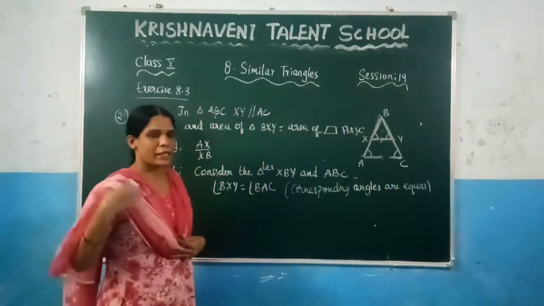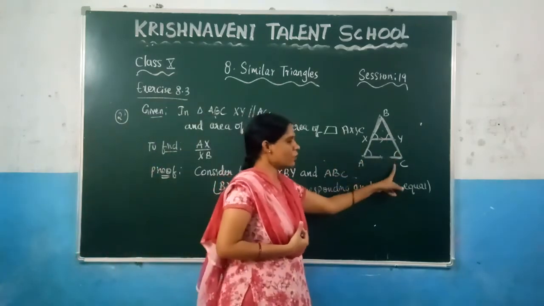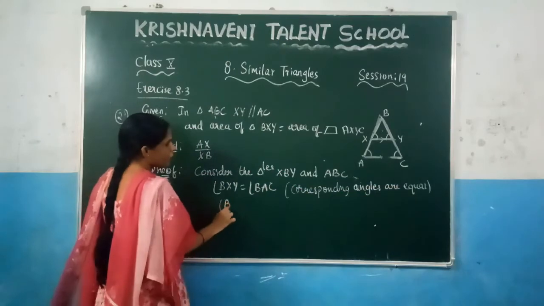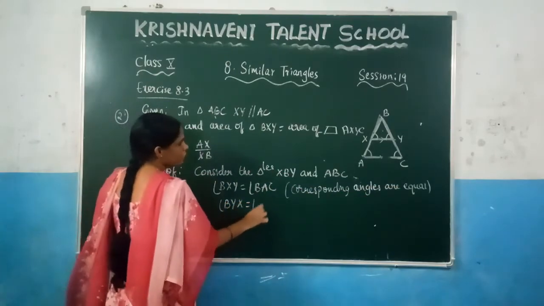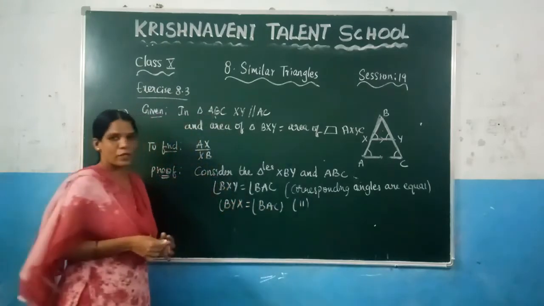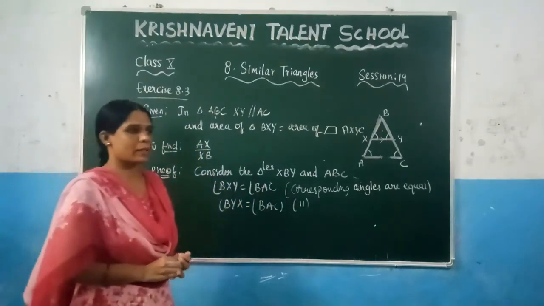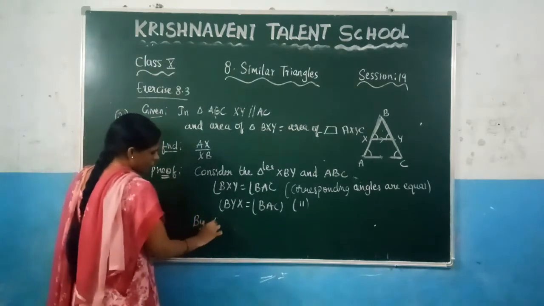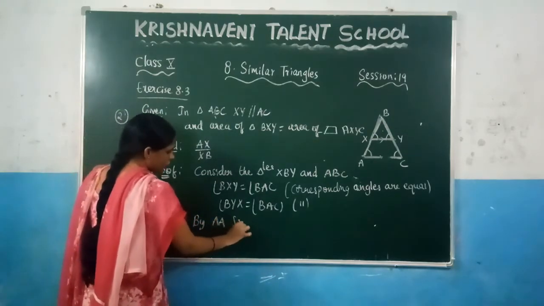Similarly here, angle Y is equal to angle C. Again, the corresponding angles are equal. So write it here, angle BYX is equal to angle BCA, since the corresponding angles are equal. Now you can apply the angle similarity.